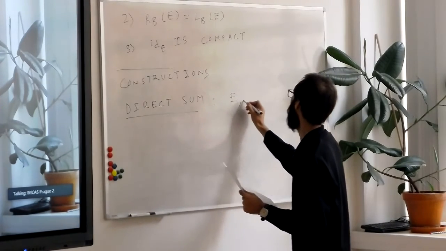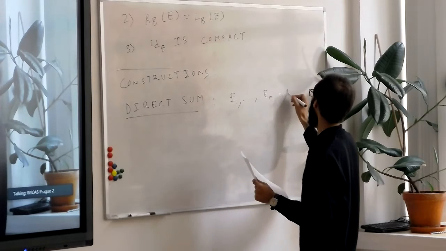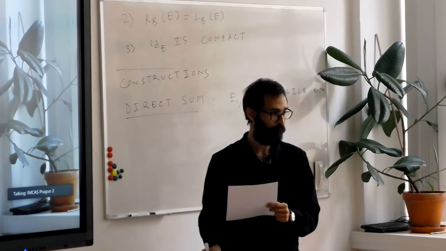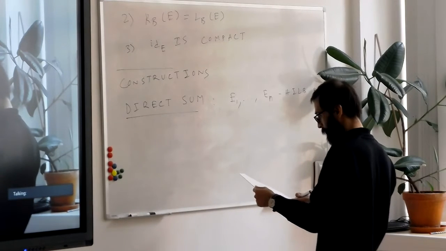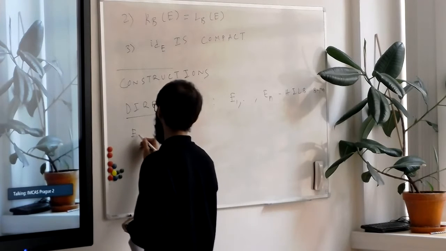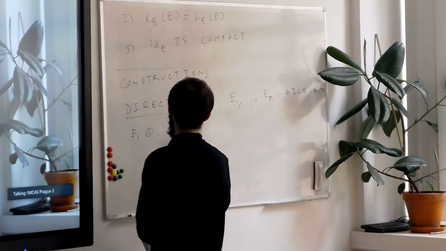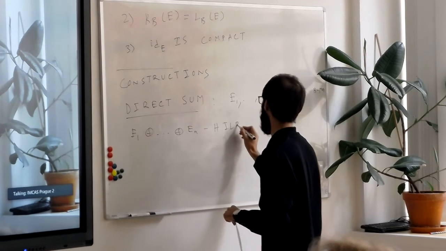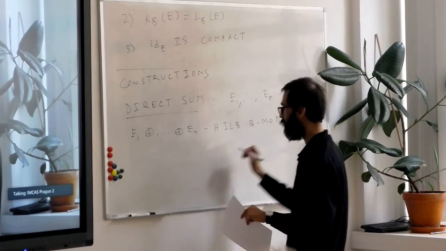Given a finite collection of Hilbert B modules, the direct sum is the Hilbert B module with the following structures.